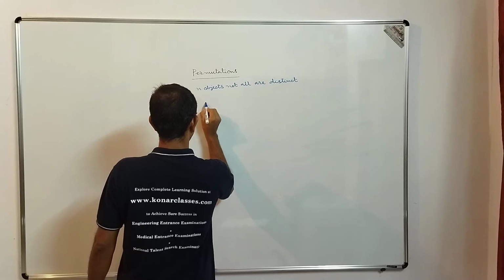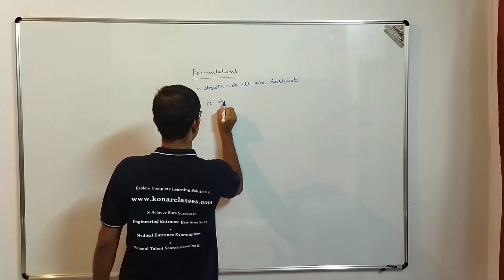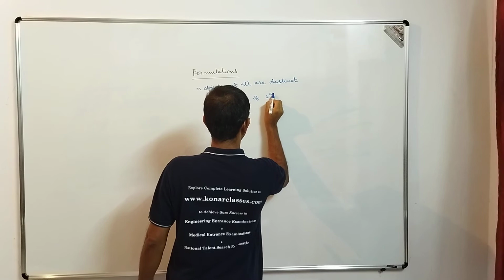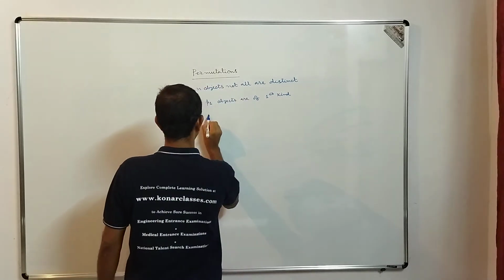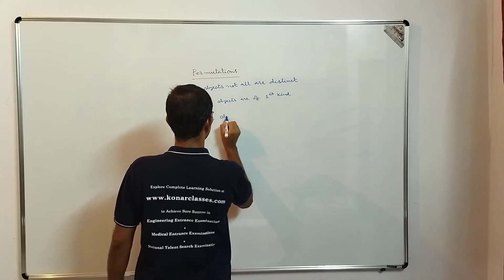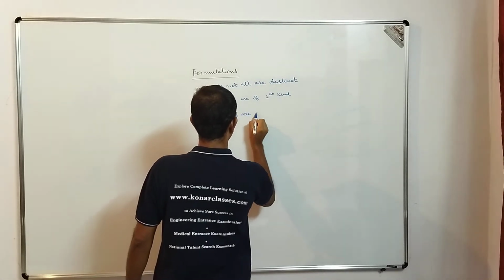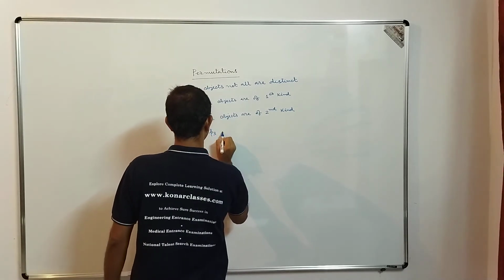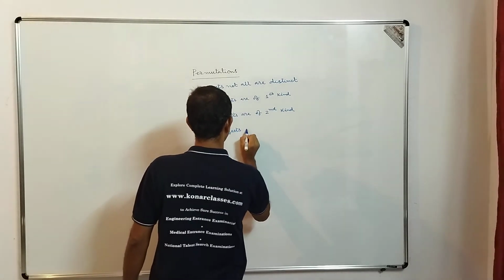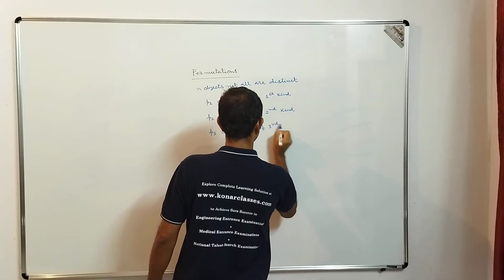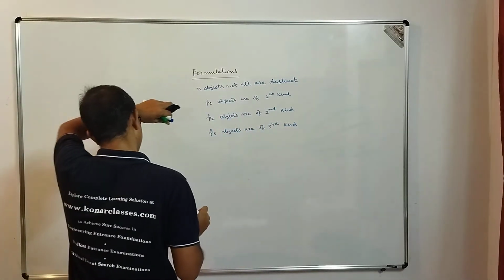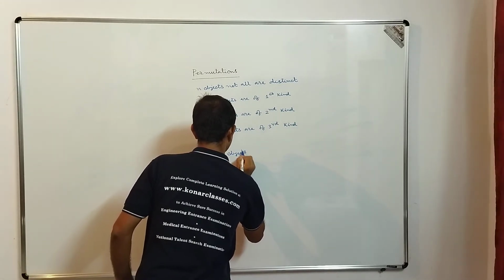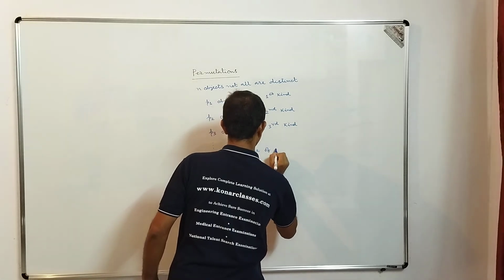Suppose that P1 objects are of the first kind, then P2 objects are of the second kind, P3 objects are of the third kind, and in that way it can go till Pk objects are of the kth kind.